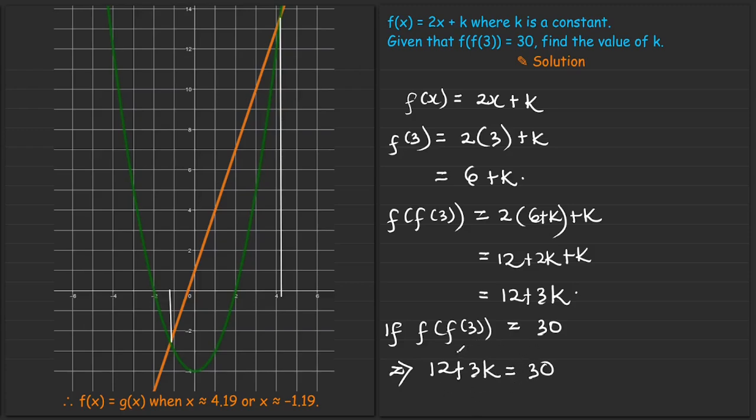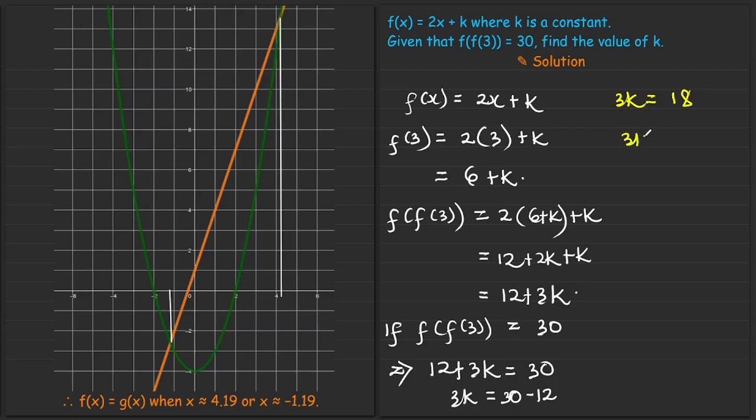What we want to do now is to make our k the subject. Making k the subject, we have our 3k, which is equal to the 30 minus 12. You see? So simplifying, we have our 3k, which will then be equal to 30 minus 12, which gives us an 18.